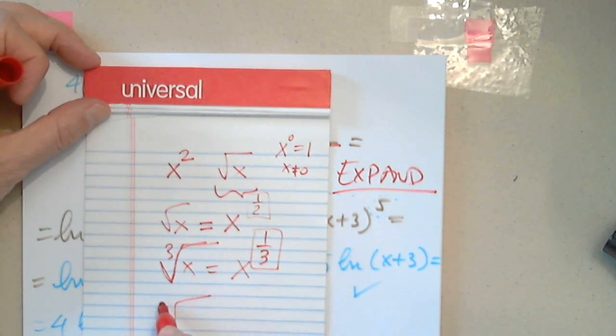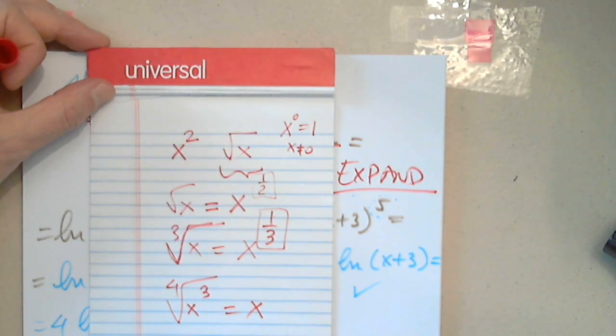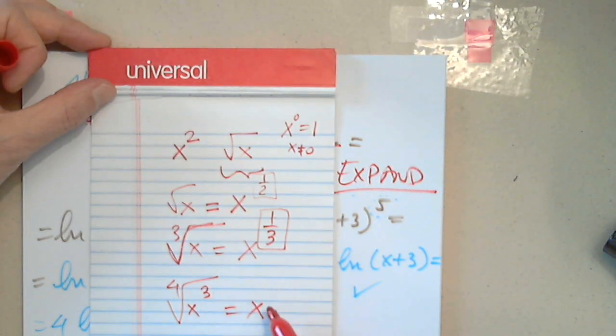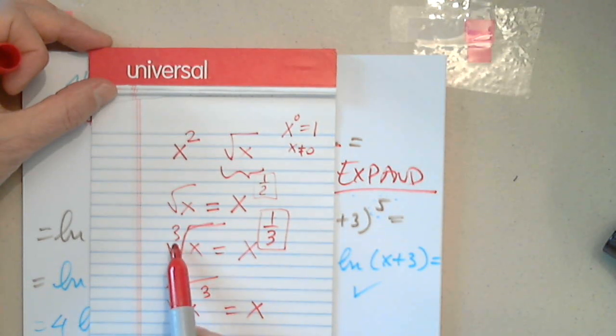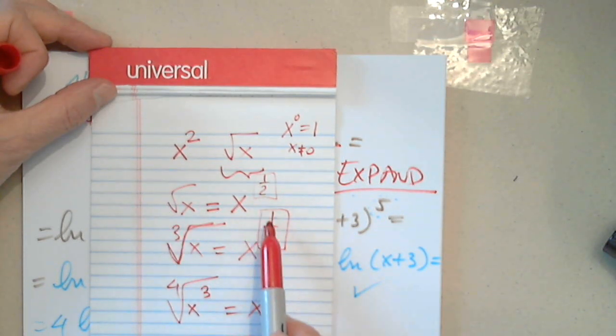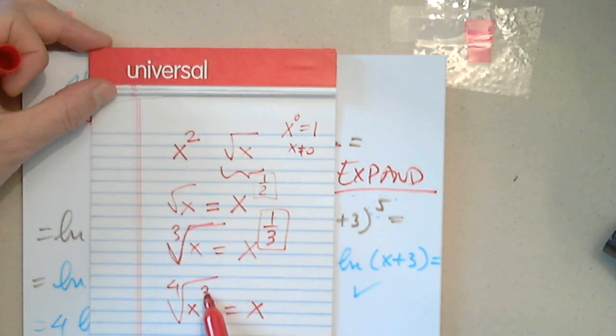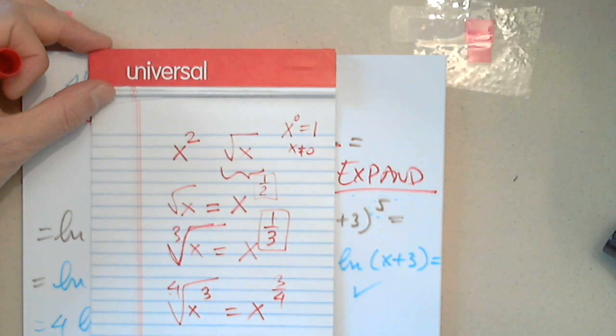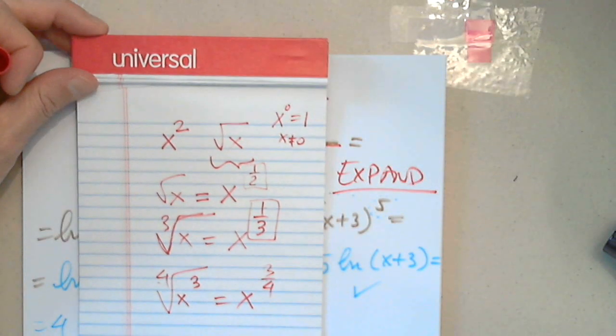If I have, let's say, the 4th root of x to the 3rd, what will that be? What is the power for this one? Yes, the index is always the denominator, so it has to be 3/4. Agreed? Please make a note of it. Is that okay, everyone?